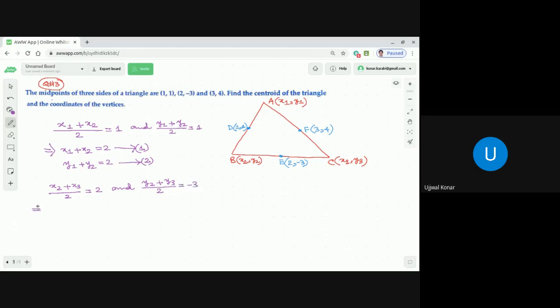So from here what you can write, dear students? x2 plus x3 is equal to 4, that we give as equation number 3, and y2 plus y3 is equal to -6, that we give equation number 4.